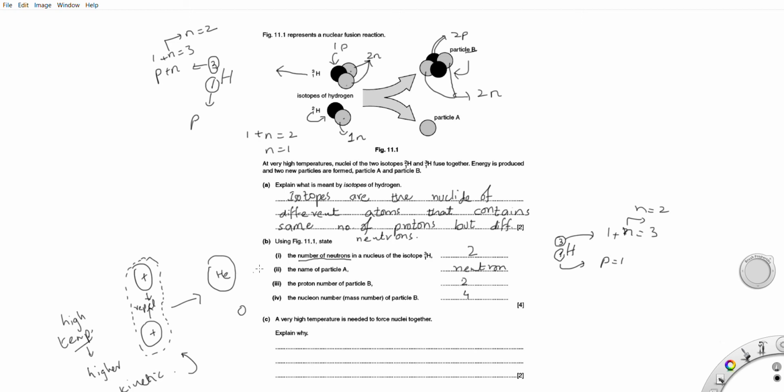So what I can write here is: nuclear repulsion can be overcome by higher or greater kinetic energies.